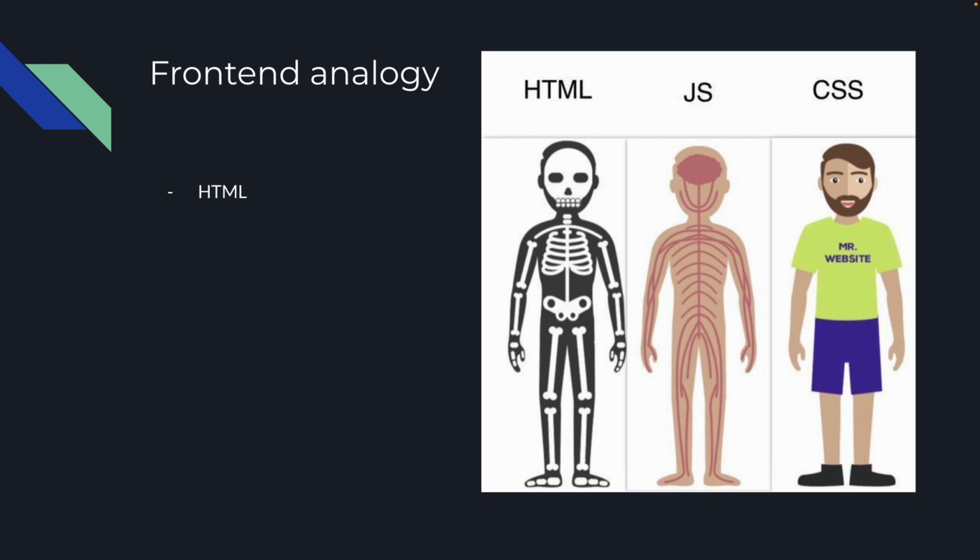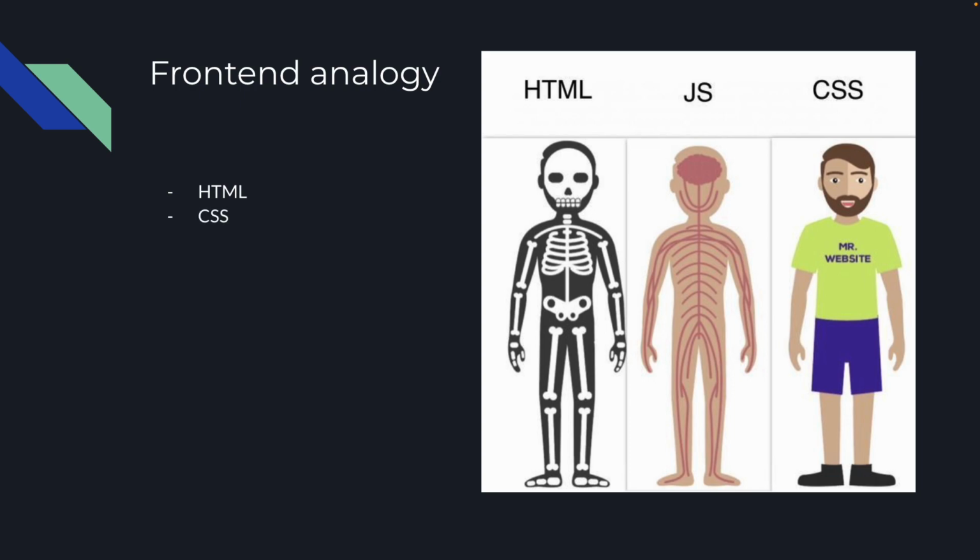You have the hand skeleton, the ribs, the leg skeleton, the toe skeletons. It is more of a skeleton of a website, what makes up the skeleton of a website. That is what this is trying to tell you.